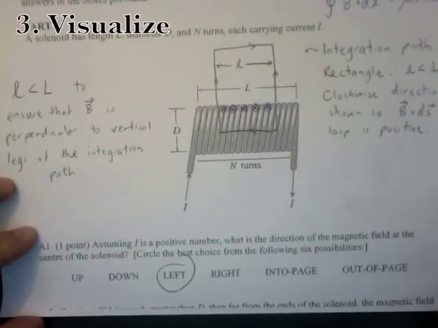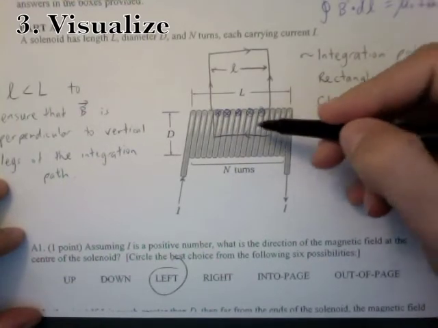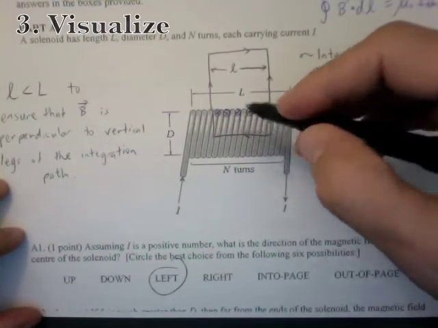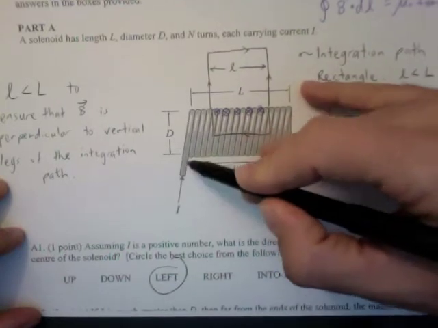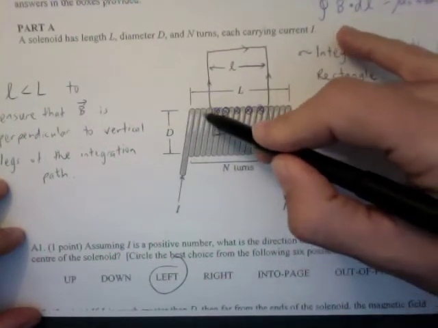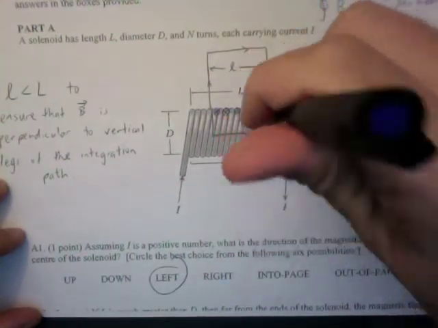Okay, so looking at my solutions, if you just want to know what's the direction of the magnetic field in here, one way of thinking about it is that here comes the current at the top of this solenoid, and at this point of the diagram, it's going down into the page.